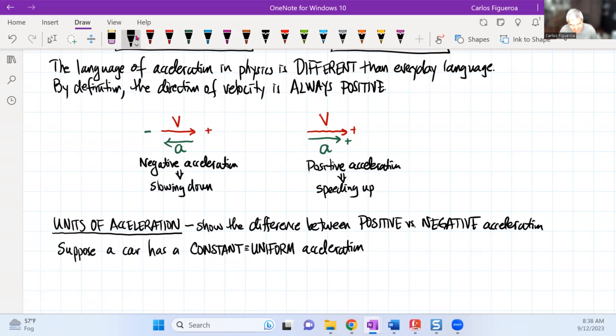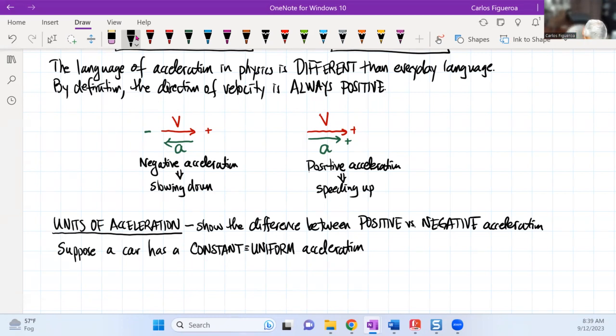In fact, in this course, we can only assume constant acceleration situations. If we cannot assume constant acceleration, then the problem is beyond the scope of this course. Now, when we get to energy and momentum, we actually can look at different situations.